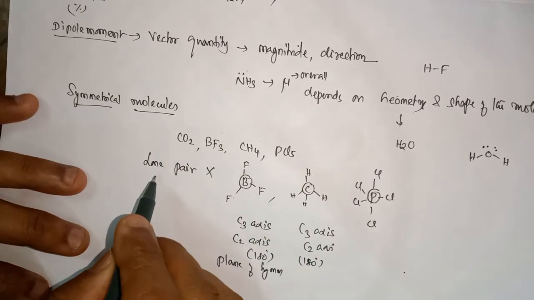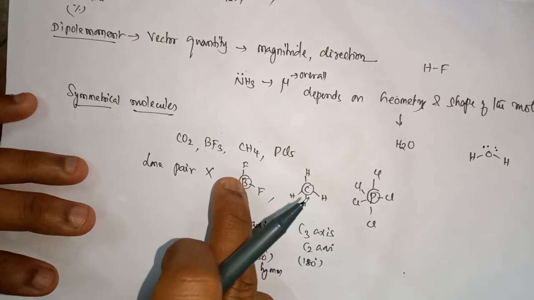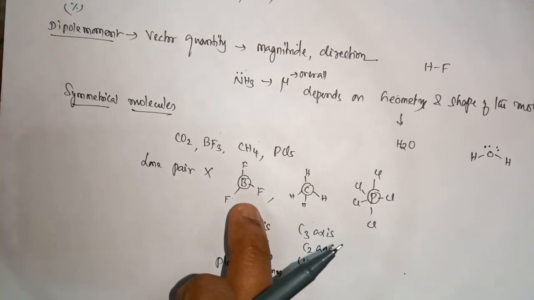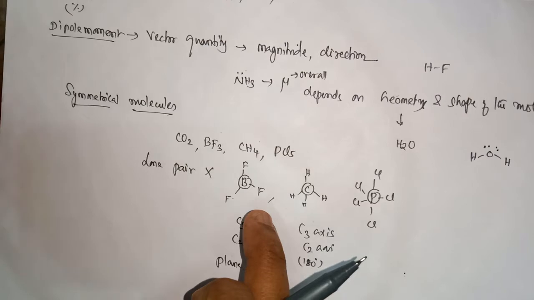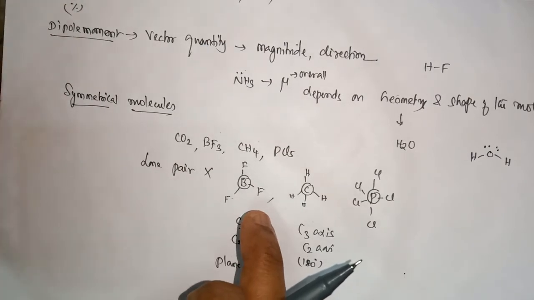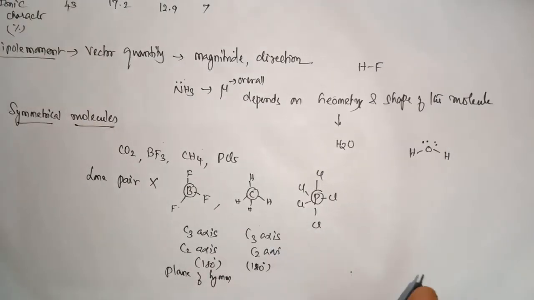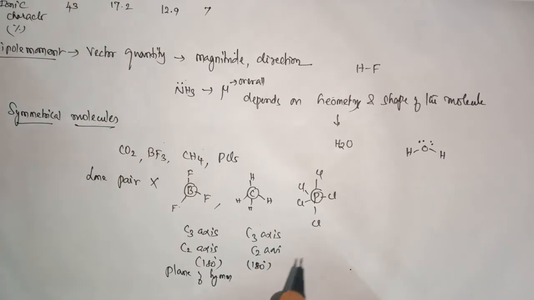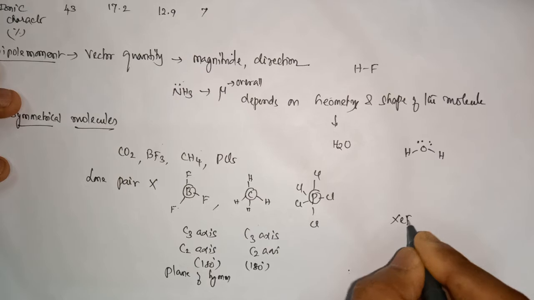But how do we find out? If the molecule is given, the central atom should not have any lone pair of electrons, and it must be surrounded by the same type of atom. But some exception cases may be there. Suppose I take xenon tetrafluoride.